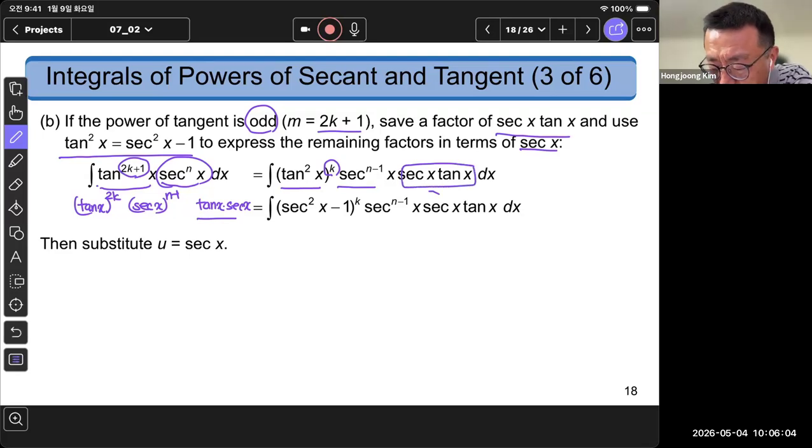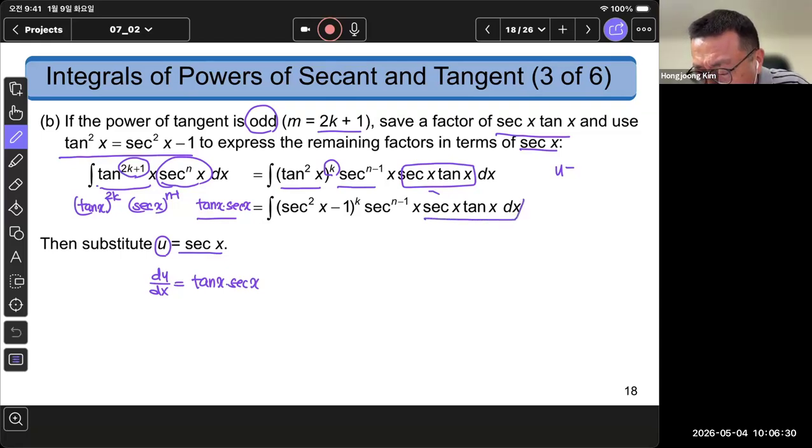Now, in that situation, if I substitute u for secant x, then du dx will be tangent x secant x. So du will be the same as secant x tangent x dx. So this will be your du.